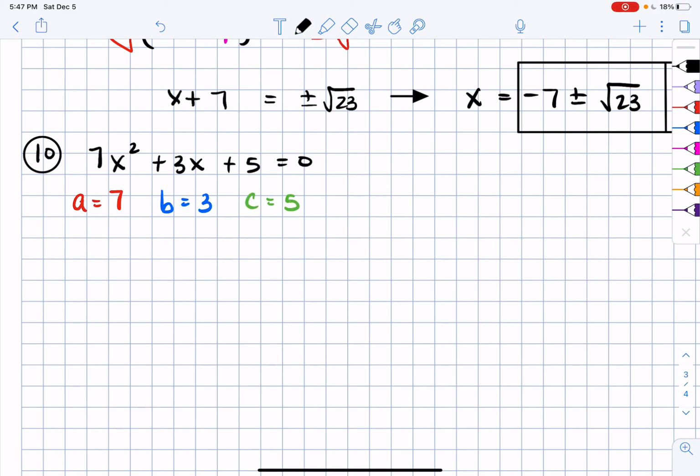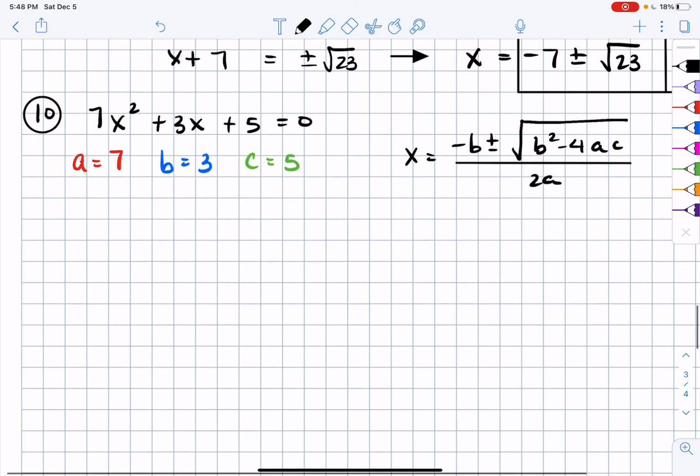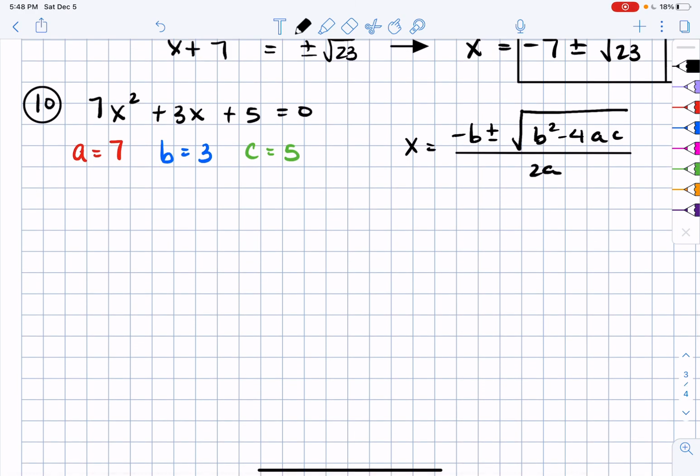My quadratic formula is x equals negative b plus or minus the square root of b^2 - 4ac, all over 2a. So here we go. How about if I actually put the value of b in there?